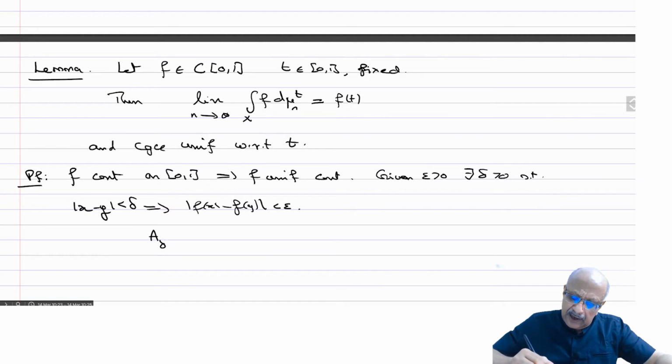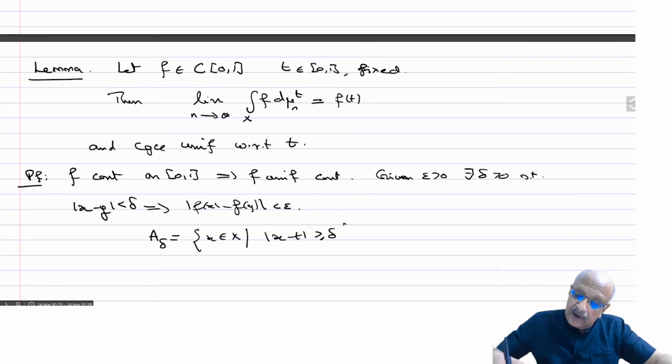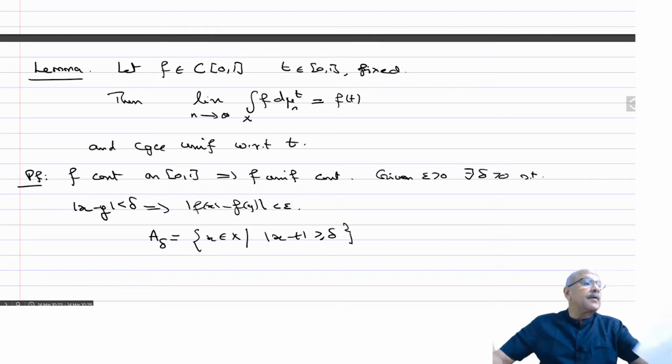So you take A delta to be the set of all x in X such that mod x minus t is greater or equal to delta. t is fixed, you remember, so we have let t. Okay.